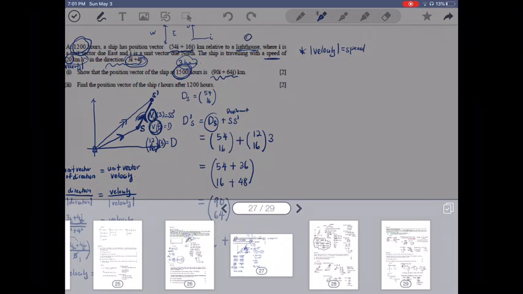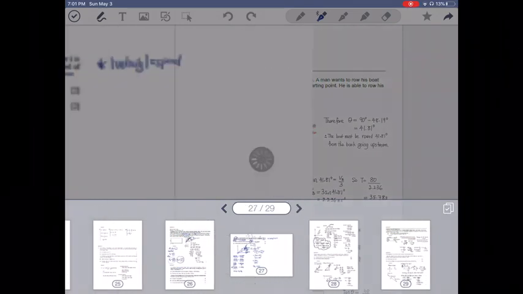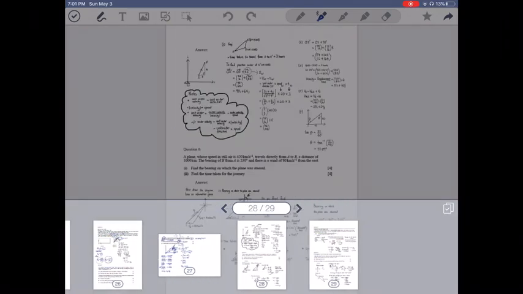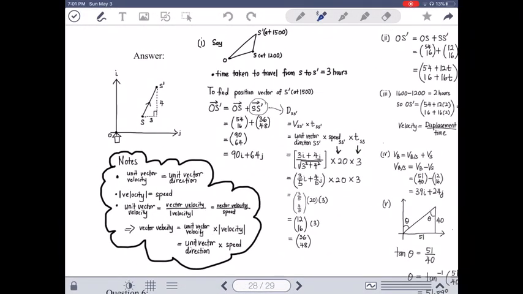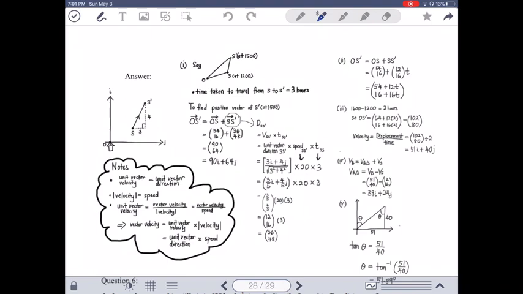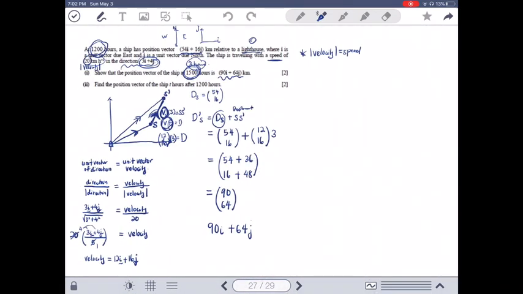Okay, let me check whether the answer is correct or not. Yes, the answer is correct. Now, for question 2, this was question 1.